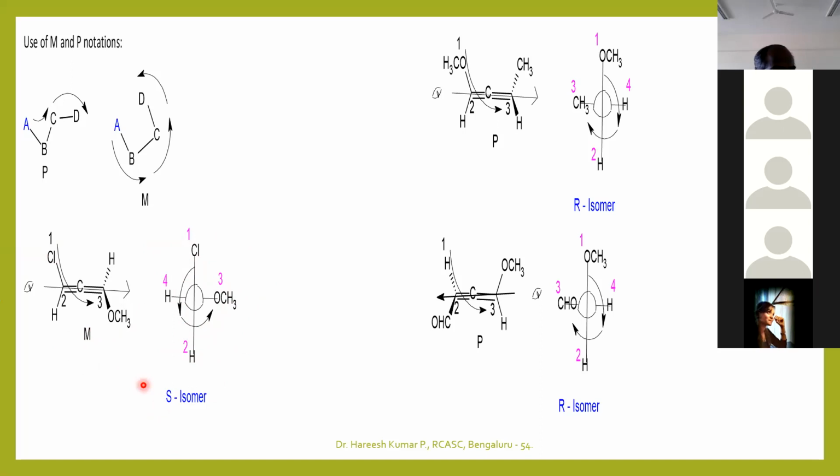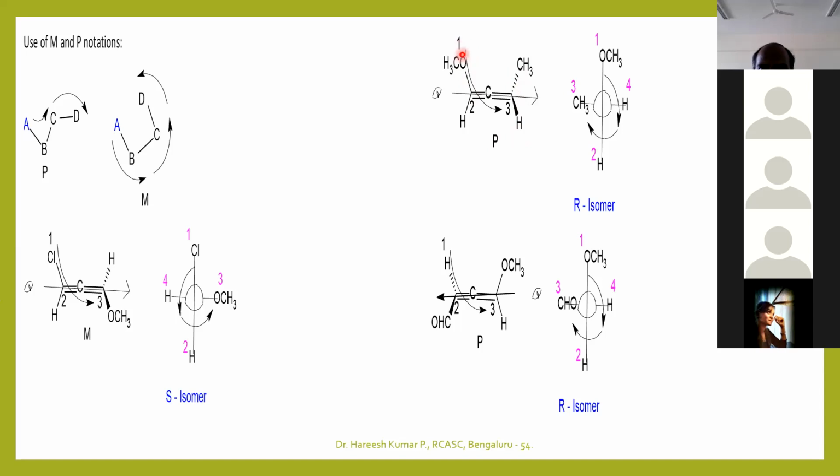Okay, so let us take one more example. This is also an allene. So what you can say is OCH3 and H. When a chiral axis is passing through this, these two are first priority and these two are second priority.